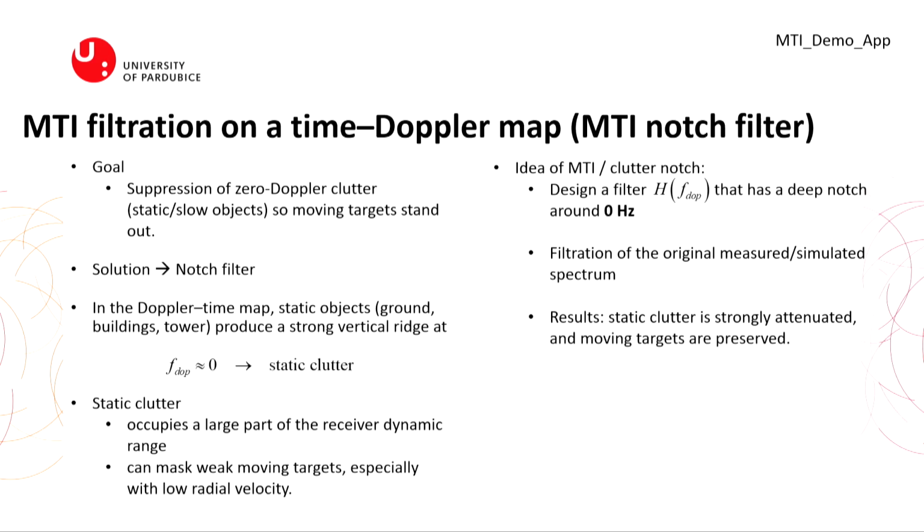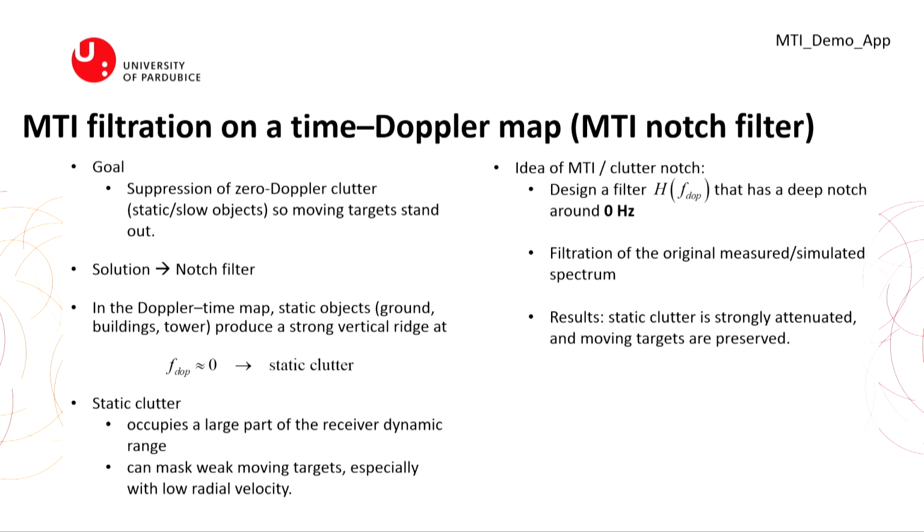So the solution for MTI filtration is called a notch filter. In the Doppler domain, that means zero Doppler, and we want to remove it. We must remove it because it is such a strong reflection that our UKF or AMPD algorithm will always select this value.